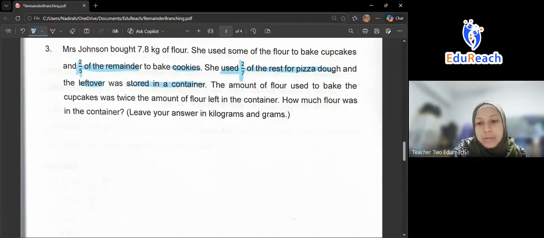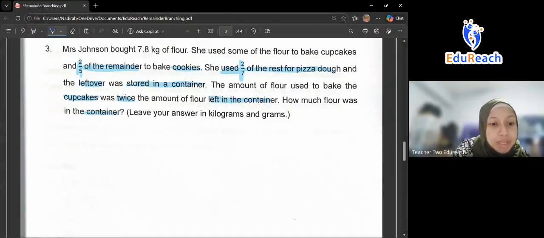The amount of flour used to bake the cupcakes was twice the amount of flour left in the container. How much flour was in the container? That means how much is left over. That's what they're asking you. Okay, leftover.